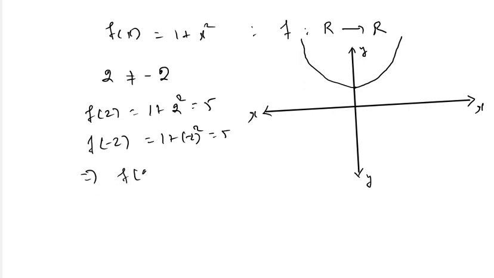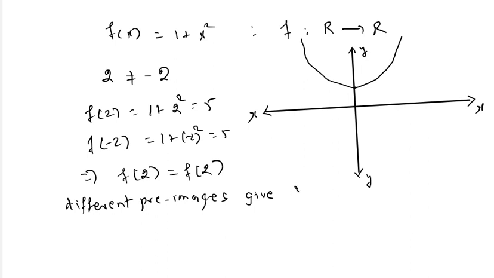Then this implies f of 2 and f of minus 2 are equal, but the pre-images are unequal. So different pre-images give equal image or the same image.